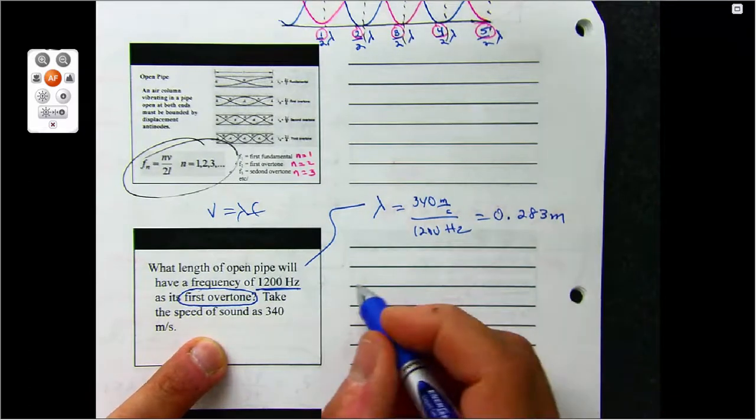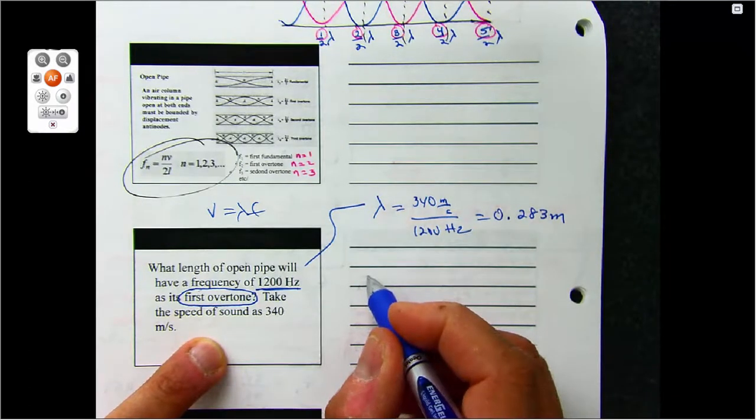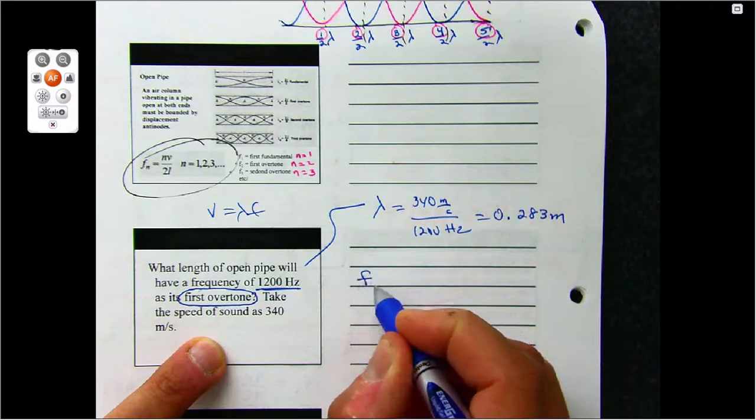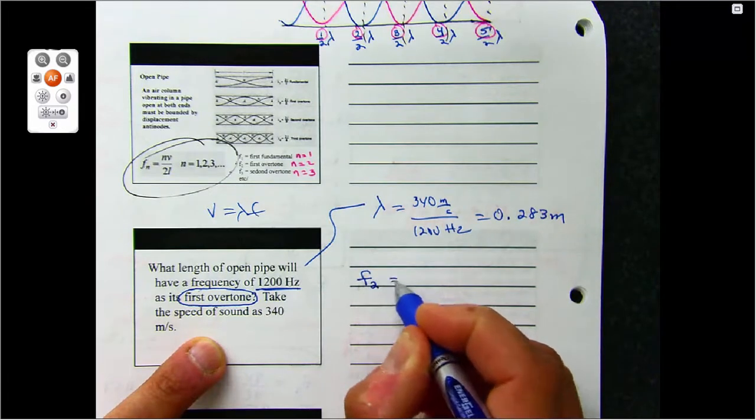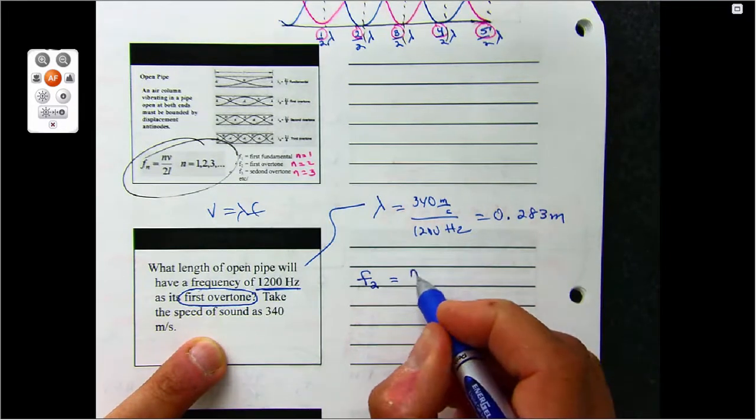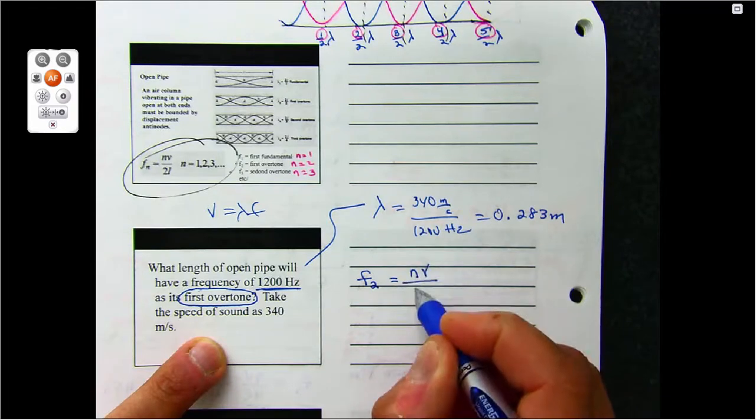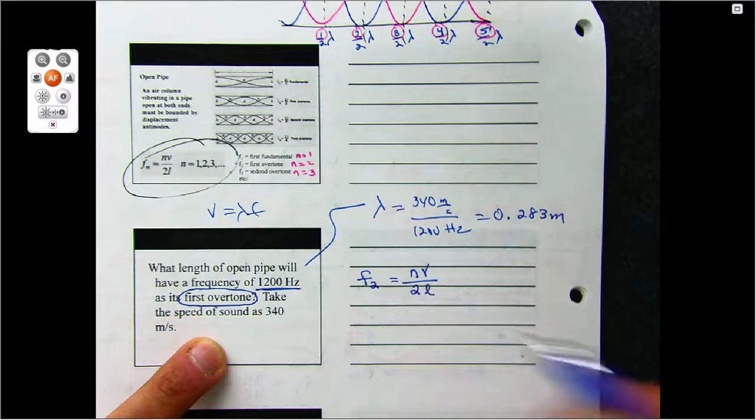Or, if you plug in the formula, we would do this. We would say f_2 is equal to nV over not 4L but 2L.